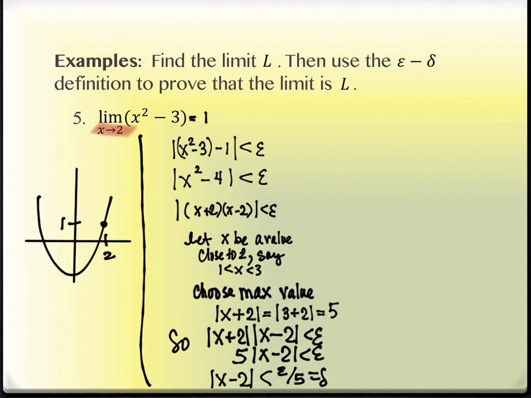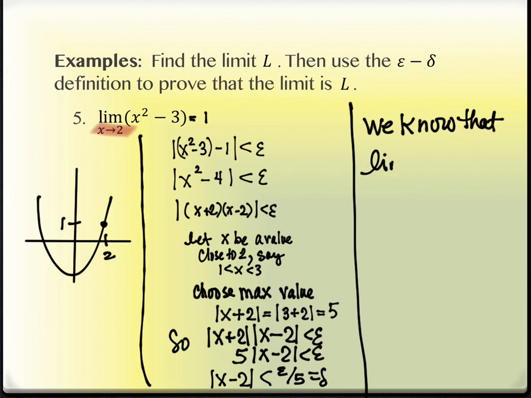So now we're going to write out our proof. The formatting for the proof is always the same. The words are always the same. We know that the limit as x approaches 2 of x squared minus 3 equals 1.